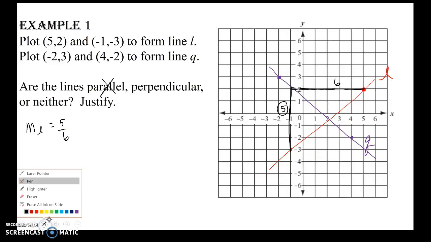All right, so for line Q, notice left to right is decreasing, so our slope better be negative. So in green, I'll sketch the slope triangle. One too far.